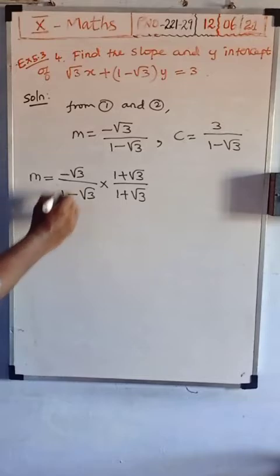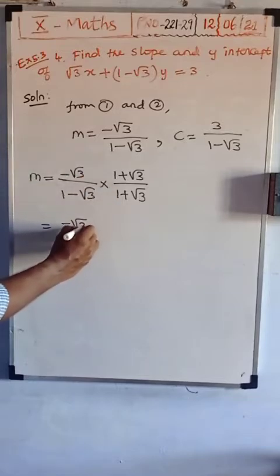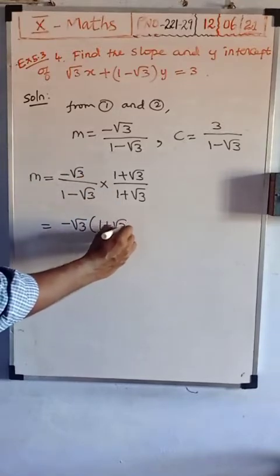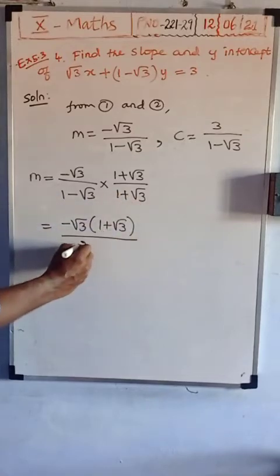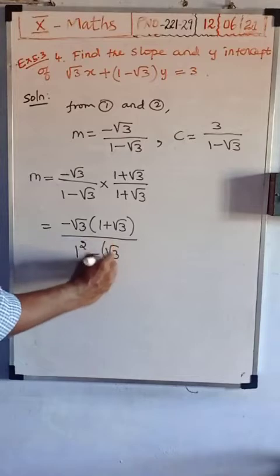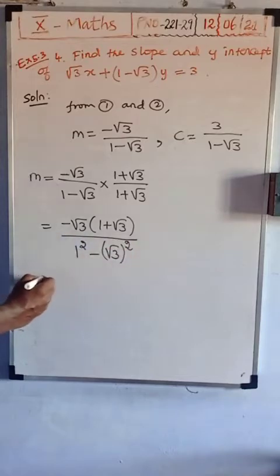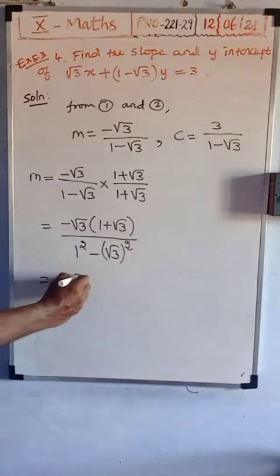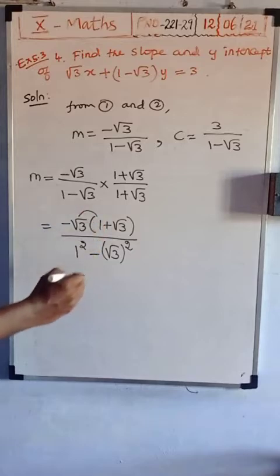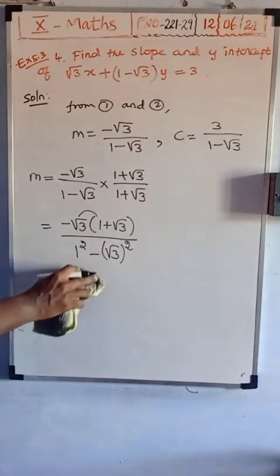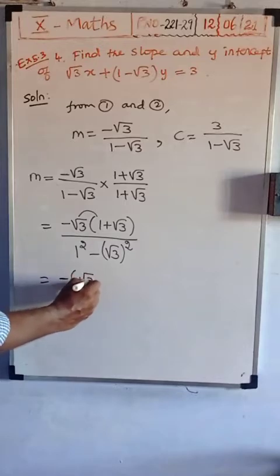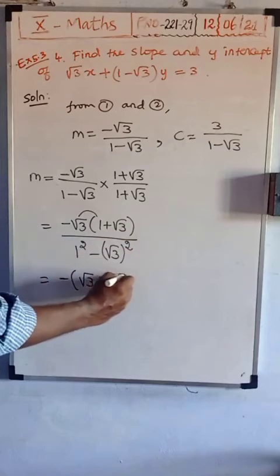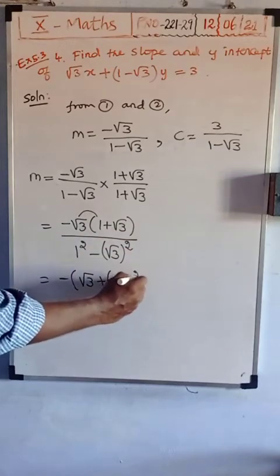Now this multiplied means minus root 3 times (1 plus root 3) whole divided by (a minus b)(a plus b), which is a squared minus b squared. Root 3 to the whole square. Now multiply inside minus root 3, or else keep the minus alone outside. Root 3 alone multiplied inside means root 3 plus root 3 times root 3, to the whole square.